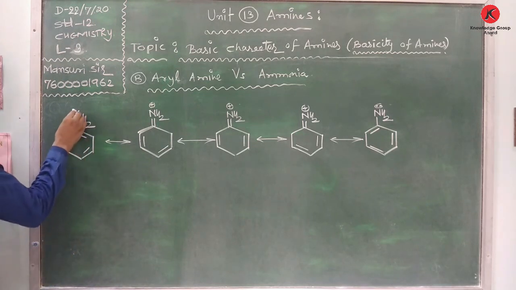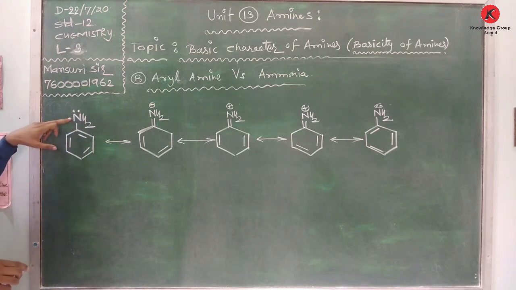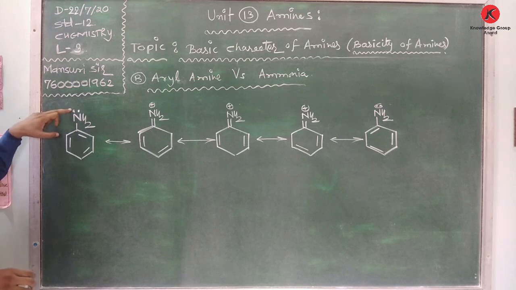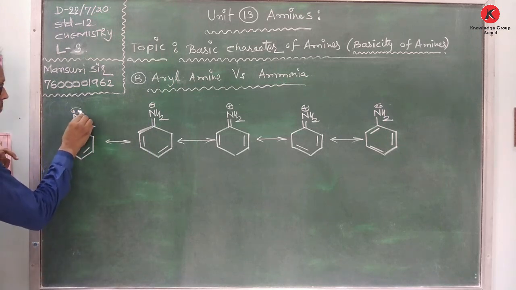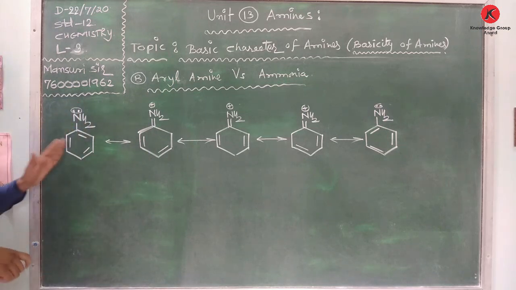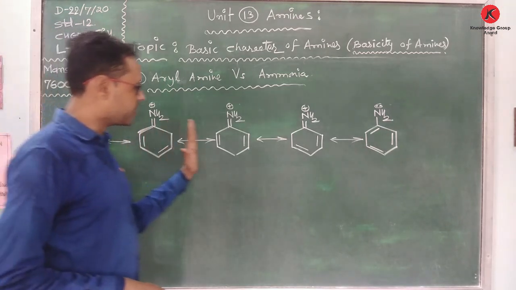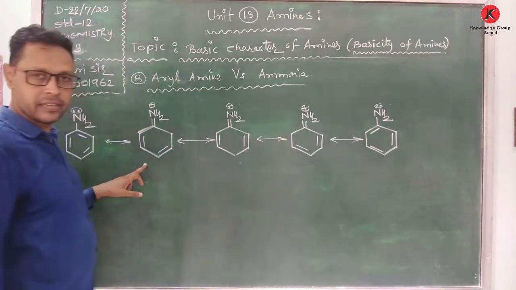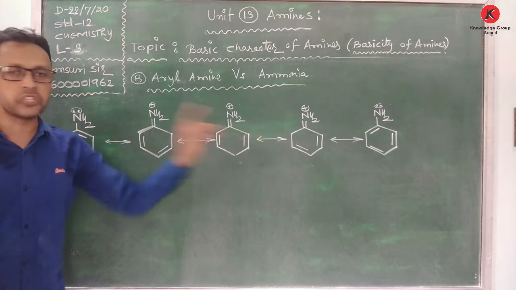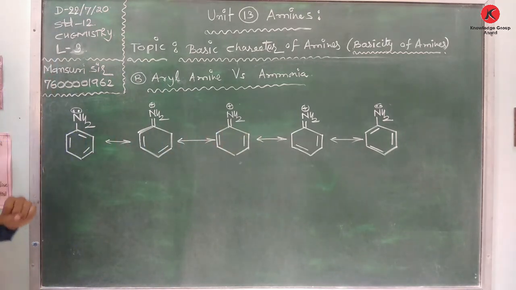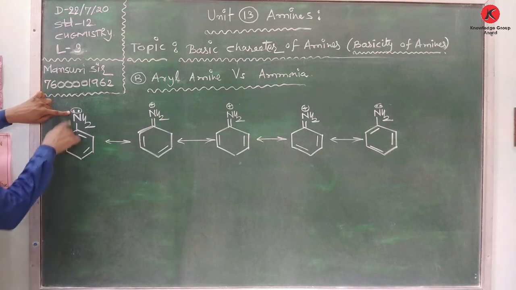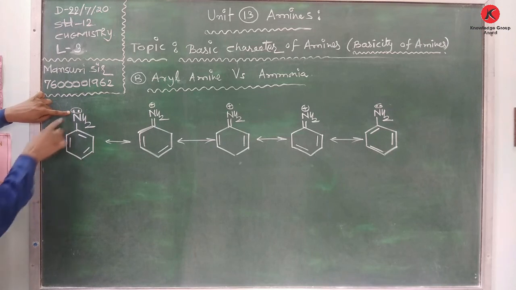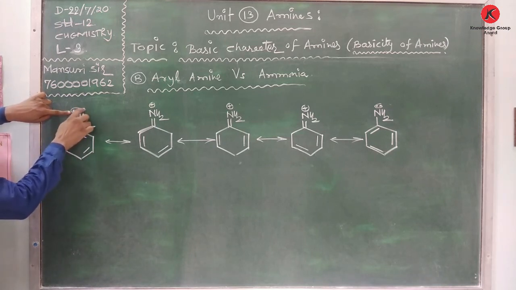Now aniline contains nitrogen, and nitrogen contains a lone pair of electrons. This lone pair of electrons disappears in these three cases in the resonating structures. So we can say that this lone pair of electrons is delocalized in the benzene ring, which is why less electron density is available on nitrogen.